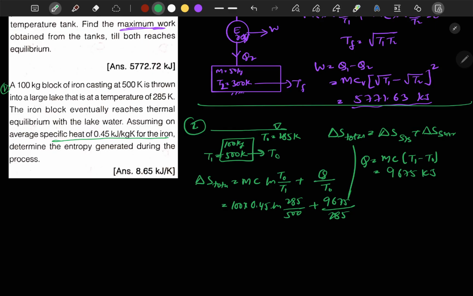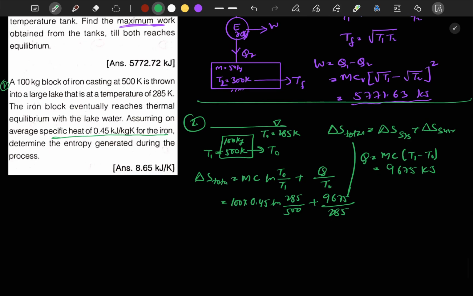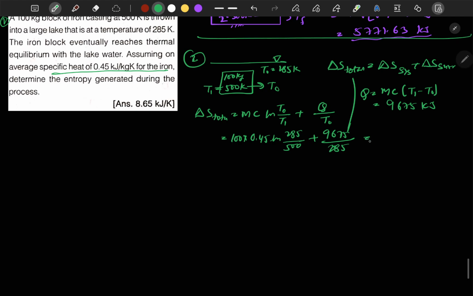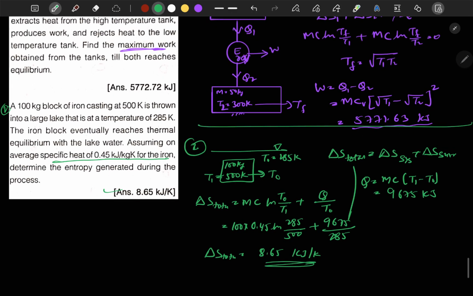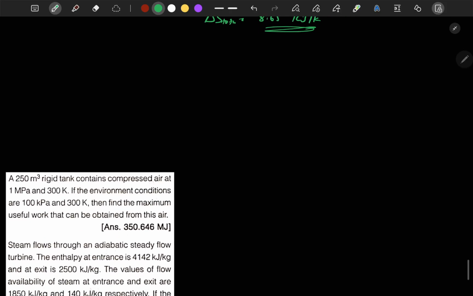After we solve this, 285 plus 45 into ln of 285 divided by 500, we get the value of delta S total to be 8.65 kilojoule per Kelvin. So this is the correct answer. We get the correct answer, and similarly, now we will move to the next question.